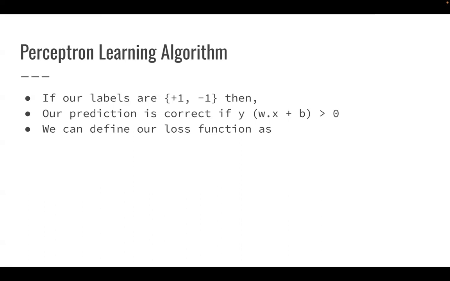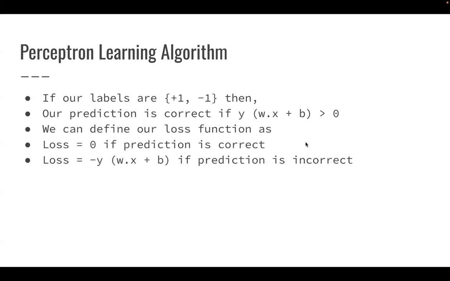Using this, we can define our loss function: if our prediction is correct, then our loss is 0. If our prediction is incorrect, then our loss is just the negative of this multiplication value. So if we are far off, like if y was -1 and we predicted it to be in the +1 category, we'll get a loss that is the negative of a negative, which is finally a positive value. We want to minimize this loss.